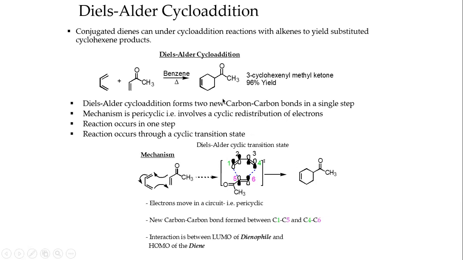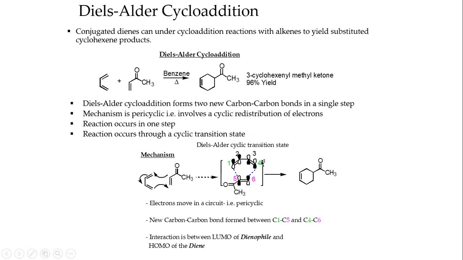So it's pericyclic. You have this cyclic redistribution of electrons, and it's one step, going through a cyclic transition state, which is shown here. You can see right here, this is the HOMO of the diene.